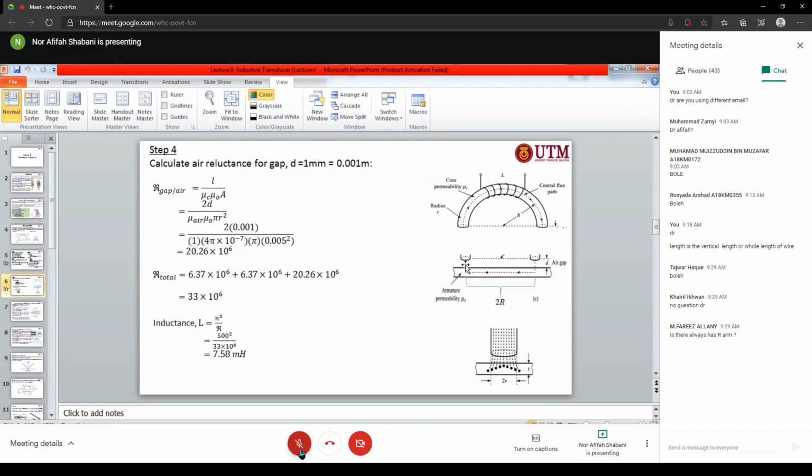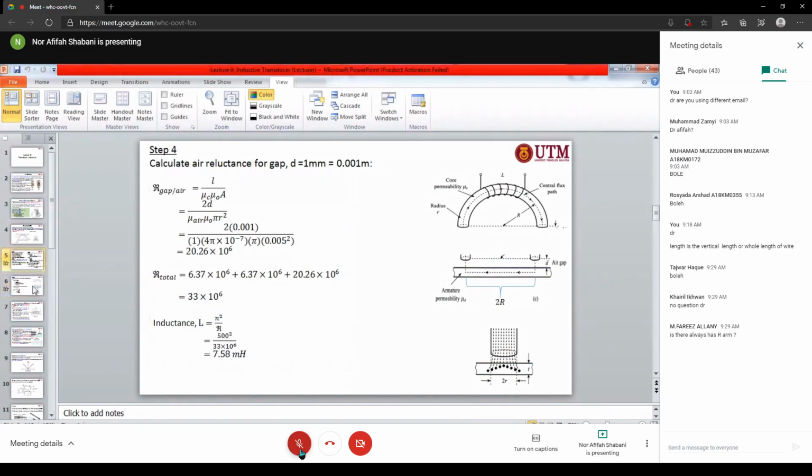So 2D, 2 times 0.01, and then you put mu_r air 1 and mu naught 4 pi r squared, because the air also has the area of the circle. Then you got the value for reluctance for air, and then you total up core plus arm plus air, and then you got this value, and then you will find the inductance.